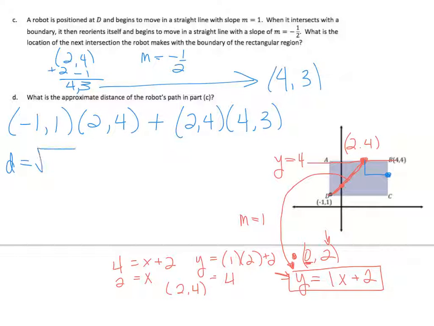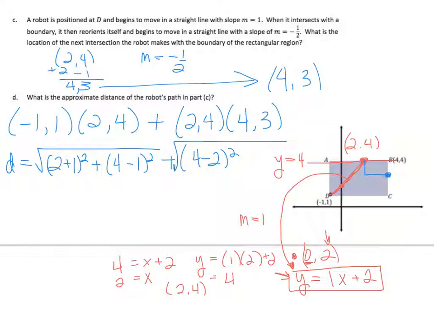Distance equals the square root of x minus x squared plus y minus y squared. And then add that to x minus x squared plus y minus y squared.